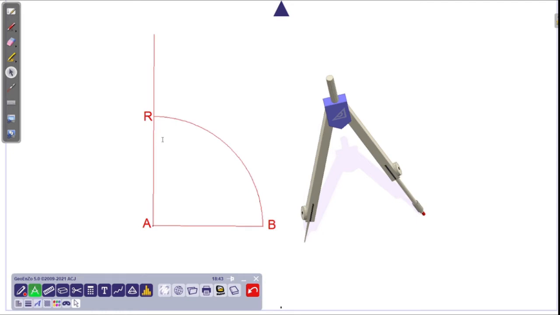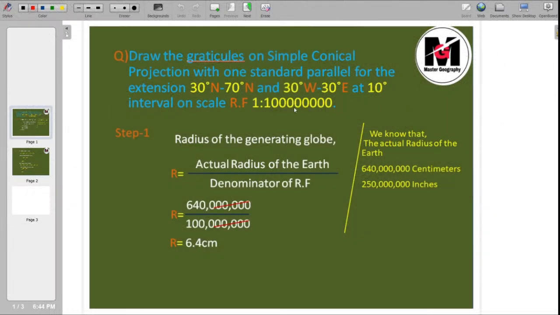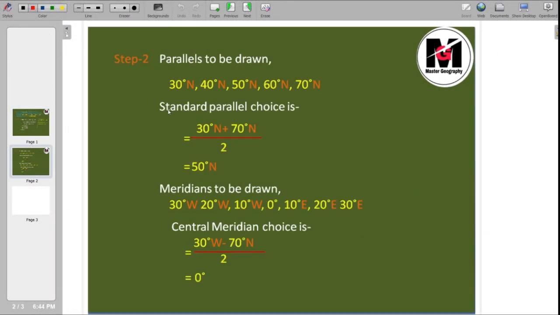Then we need two angles, 10 degree and 50 degree. The 10 degree we get from the interval, and the 50 degree we get from the standard parallel: 10 degree interval and standard parallel 50 degree north.